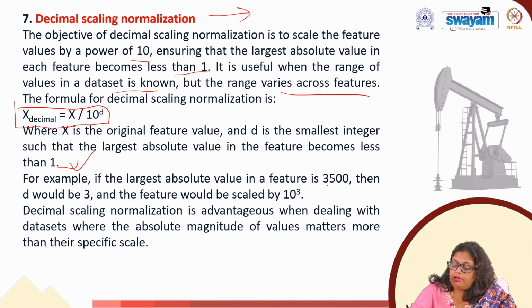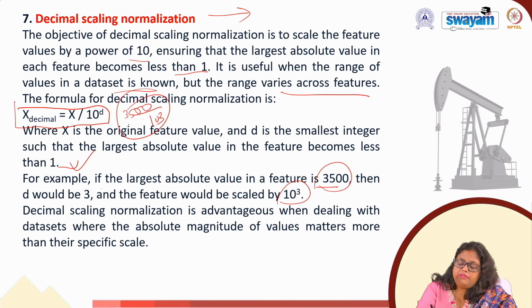This example will make it clearer. If the largest absolute value in the feature is 3500, then d would be 3, so the feature would be scaled by 10 to the power 3. With 3500 and d equal to 3, my maximum value becomes less than 1.